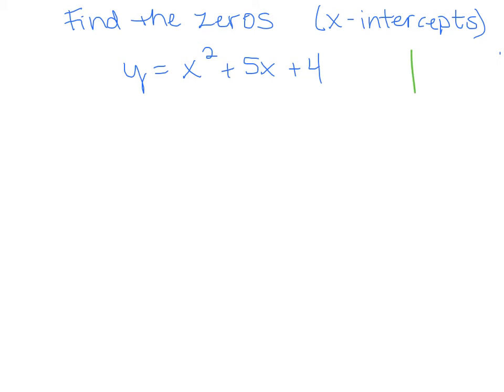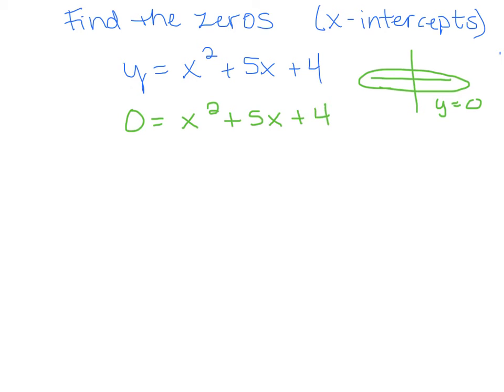So if you think of a little graph over here, this guy here is the x-axis, and the equation of his line is y equals 0. So because of that, we can replace the y with 0. Okay, so we would do that. The next step we would do is factor.